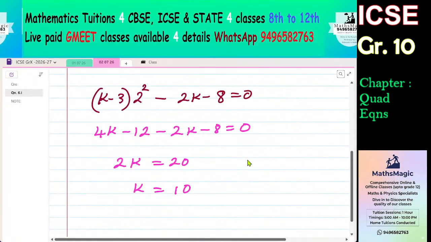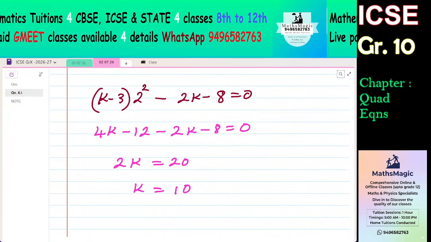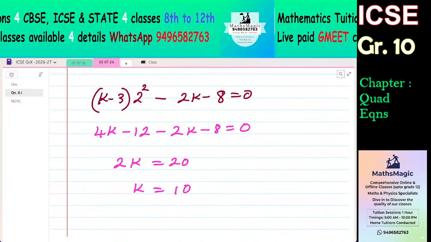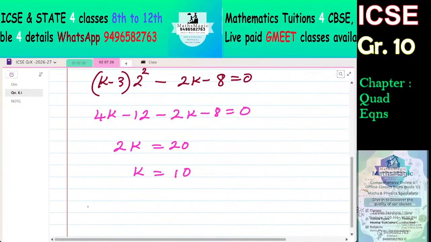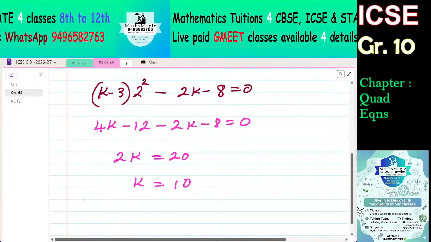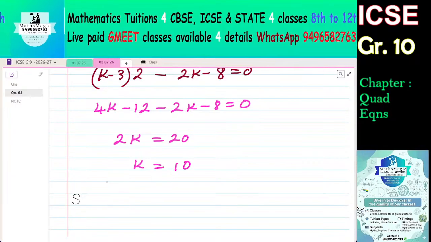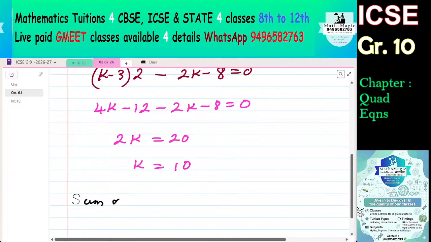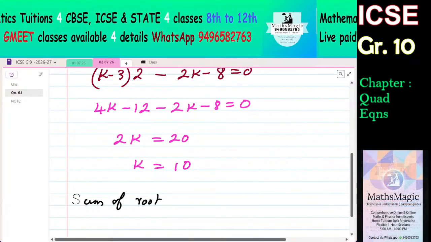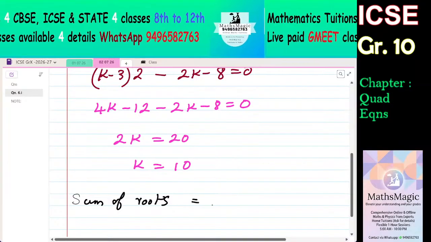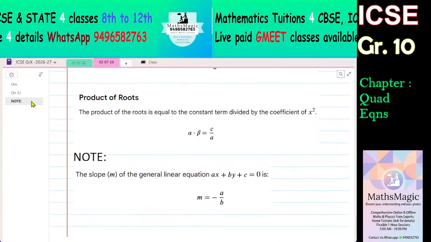Okay, I'll show you both the methods. So we have sum of roots equals, what's the formula?